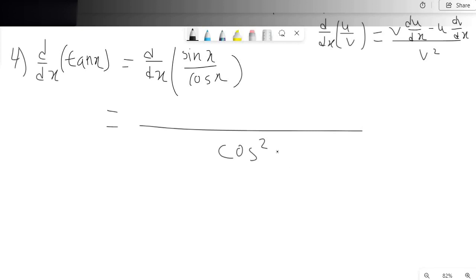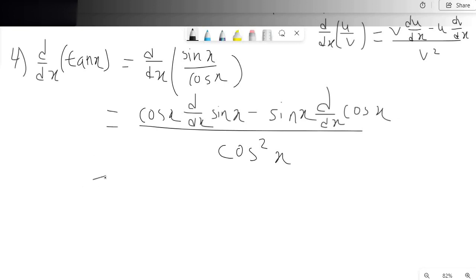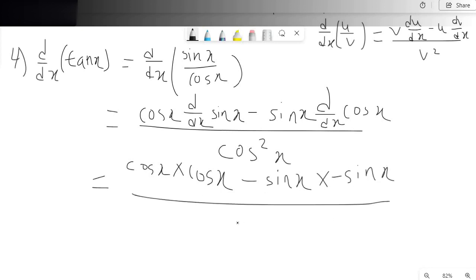So applying the formula, we have cos square x at the bottom, then cos x multiplied with the derivative of sine x subtracted with sine x multiplied with the derivative of cos x. And so we have cos x multiplied with the derivative of sine x, which is also cos x, minus sine x multiplied with the derivative of cos x, which will be minus sine x, divided by cos squared x.